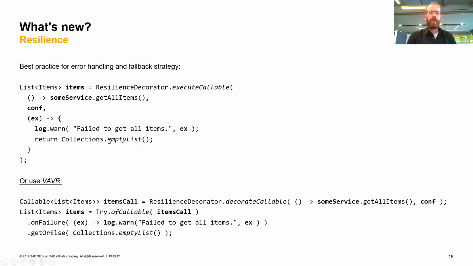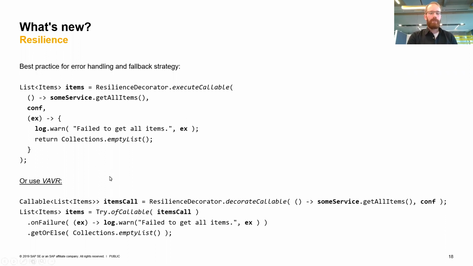So for example, if you want to have a list anyway, you could say, okay, I want an empty list in case anything went wrong. So you can be sure afterwards that this items list will always be a list at least, even if an empty list, but never null.